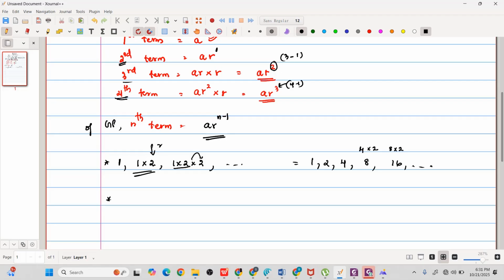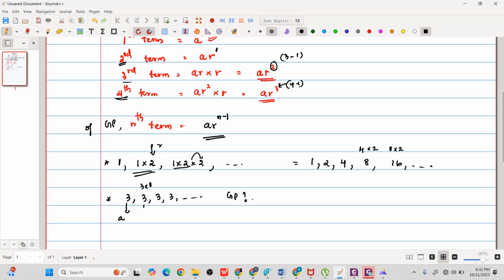Now we can take another kind of GP, like 3, 3, 3, 3, etc. Is that a GP? Yes, because the first term is 3, and the second term is again 3. The number which multiplies with 3 to give you 3 is the common ratio, which is taken as 1.